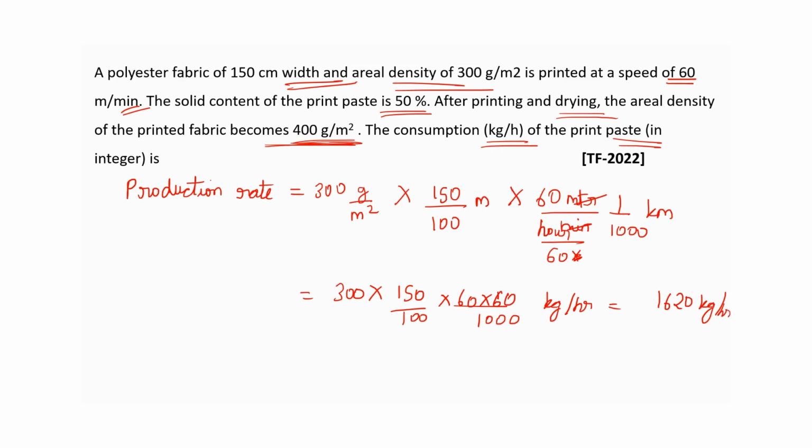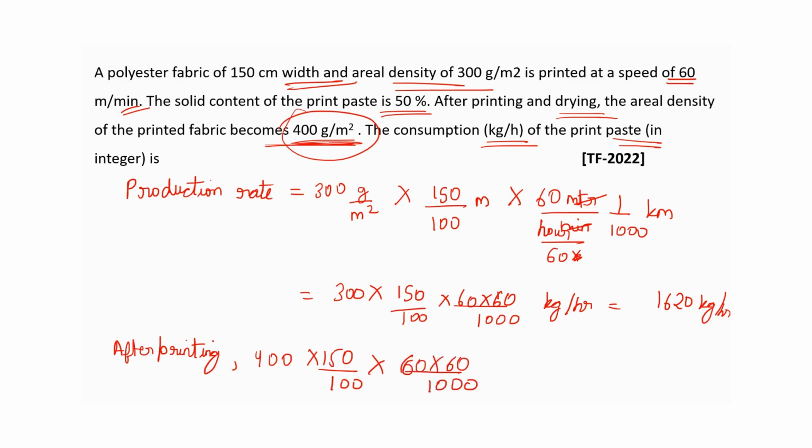Then after printing, what is the production rate? After printing, the areal density will come out to be 400 gram per meter square. So 400 into 150 upon 100 into 60 into 60 upon 1000, on the same terms, just the areal density is changed.